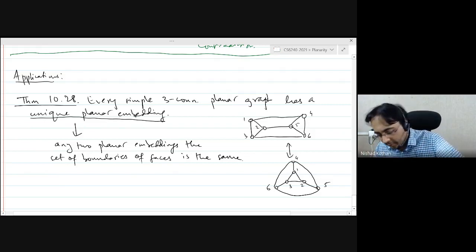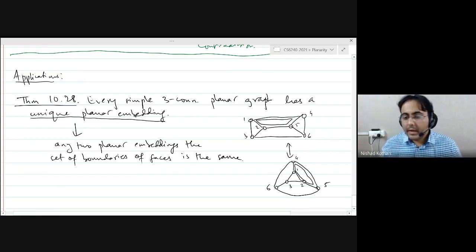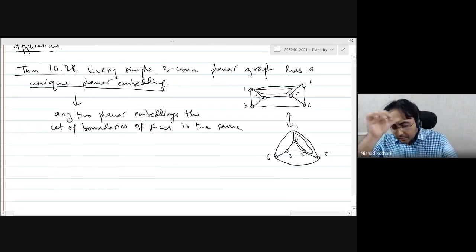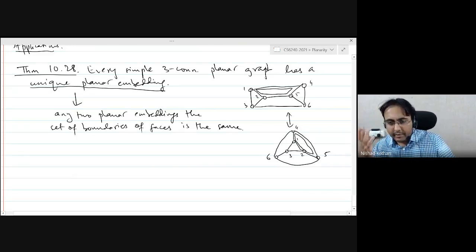If you've got a face with the boundary 1, 2, 4, 5, you've also got a face here with the boundary 1, 2, 4, 5. It's 1, 2, 5, 4, sorry. Good. So in that sense, these two drawings are the same.